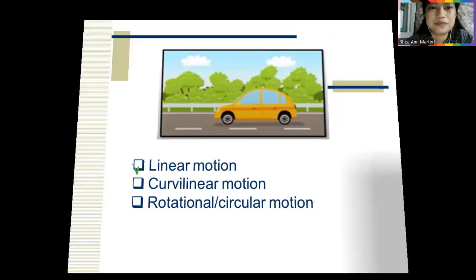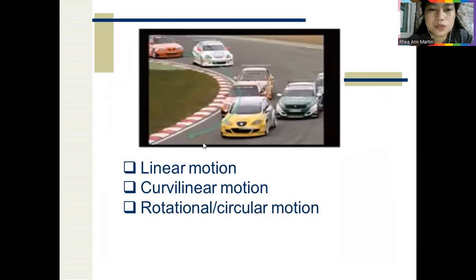Let's proceed. What about this one? Can you see the arrow in the line here? What motion does the picture depict? Is it linear, curvilinear, or rotational motion? What is your answer?